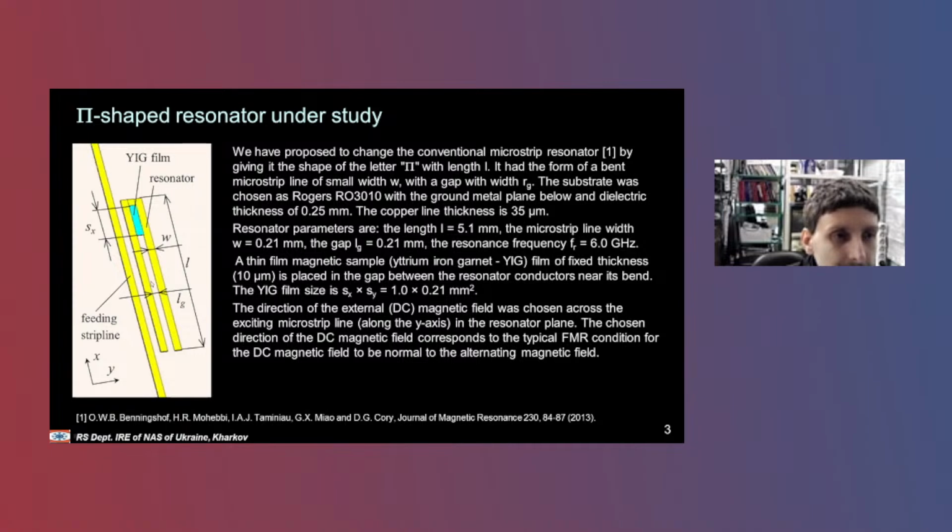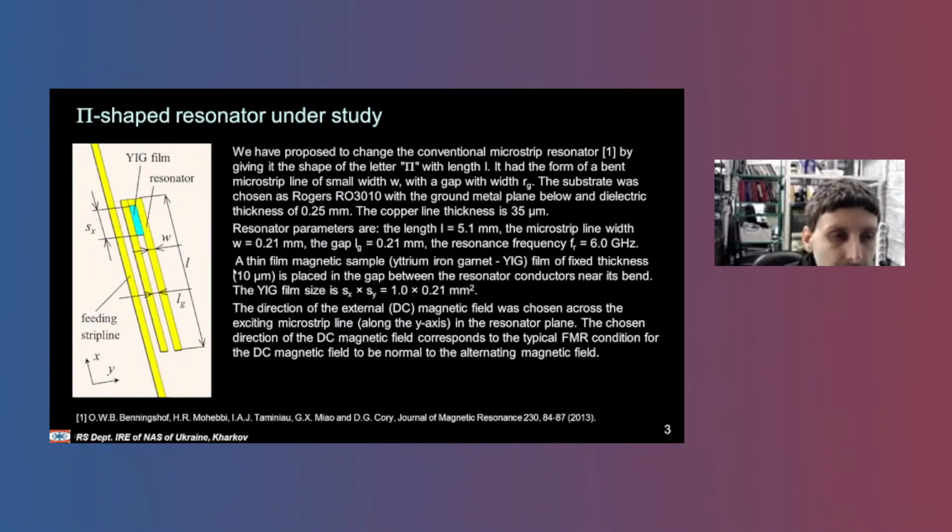This system is placed on a substrate with metallization below. Here are some parameters of the resonator. The resonance frequency of such a resonator is about 6 gigahertz.